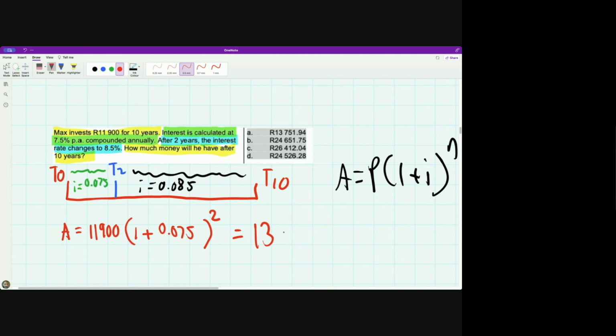Like at this point, I'm stuck on 13,751.9375, but that's not the final answer. What do I still need to do? I think we need to figure out a way to grow the rest of the way.